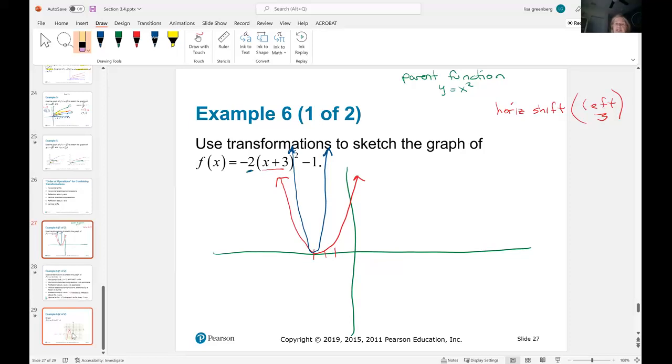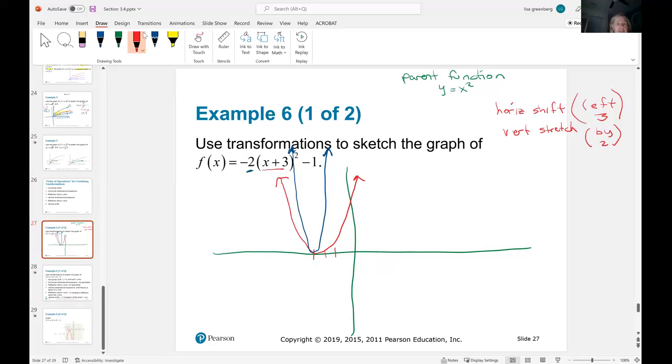And then the next thing I do, so I have 1, I add 3, I square it, I get 16. The next thing I do is I multiply by 2, which gives me my vertical stretch by 2. Then I make it negative because it was positive 32.